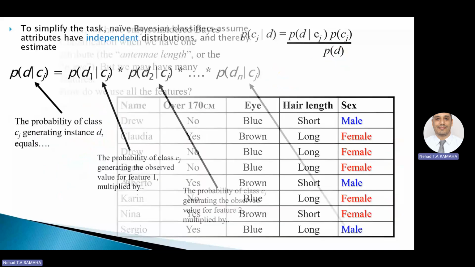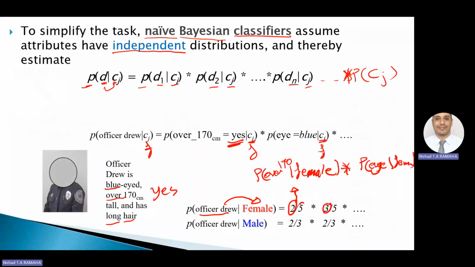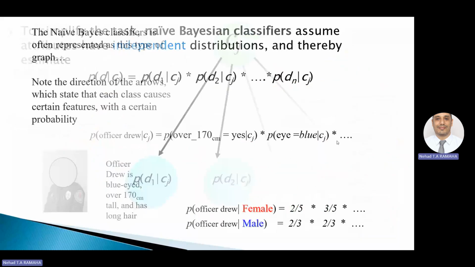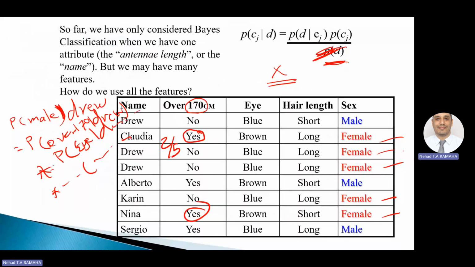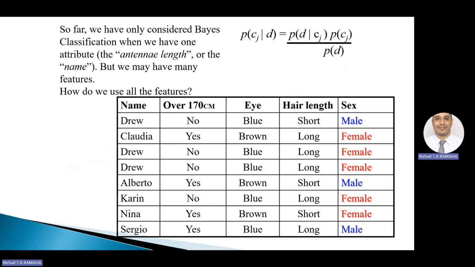What's the eye color? It's blue. So the probability of blue and female. Female is still 5. The blue, we have 1, 2, 3. So 3 females with blue, so 3 divided by 5. Multiply by the hair.